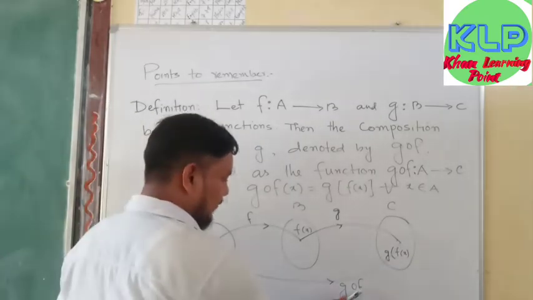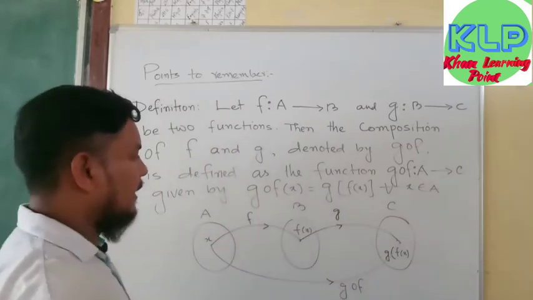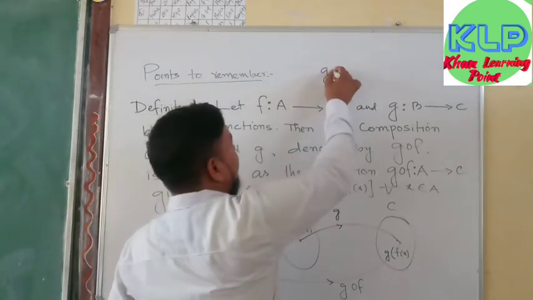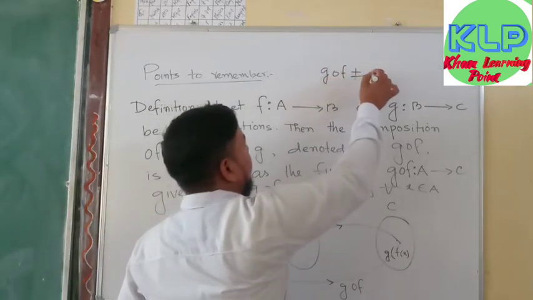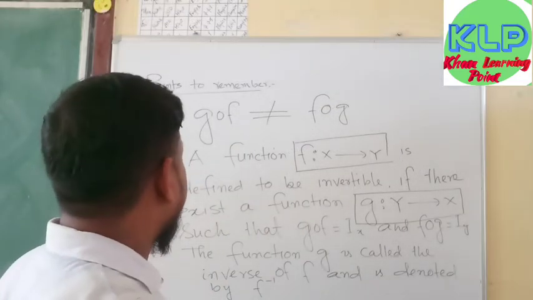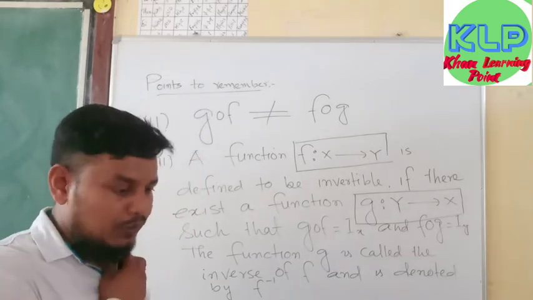Here f is operated first followed by g, and gof is not equal to fog, that is, the composition of two functions is not commutative.